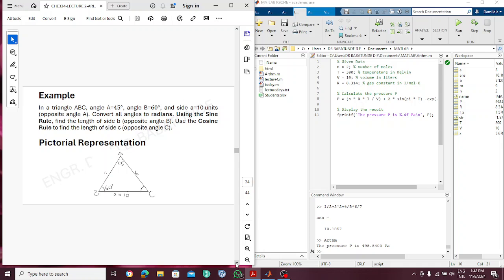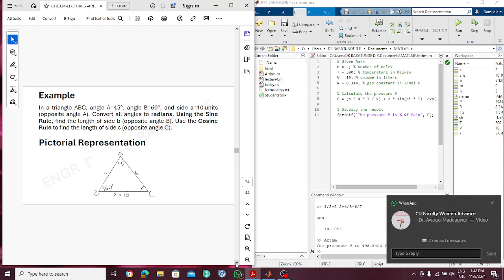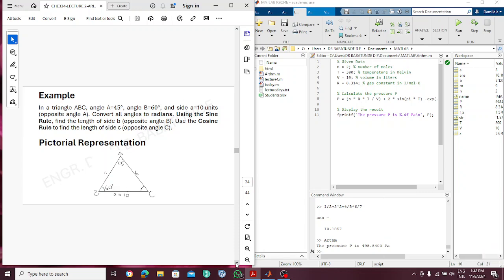You figure out what is the relationship with some of the variables. Then after that, when you understand what process is taking place, you know the equation that is applicable to the process, and with your understanding you begin to solve. And in solving, when you have set up the necessary equation, when you have interpreted correctly, you supply that to MATLAB so that it could process it further for you.